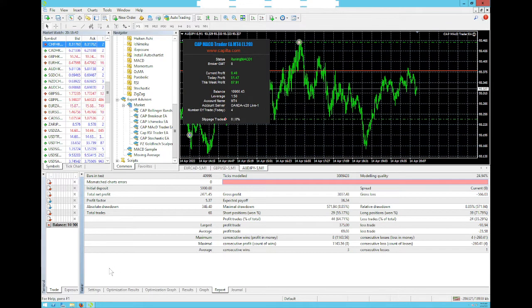On others, Ichimoku wins. So make sure you run several pairs with Macd, and only choose the winning ones, because those are the ones most people are using Macd for. You want to go with the people, not against them. You don't want to reinvent the wheel here.